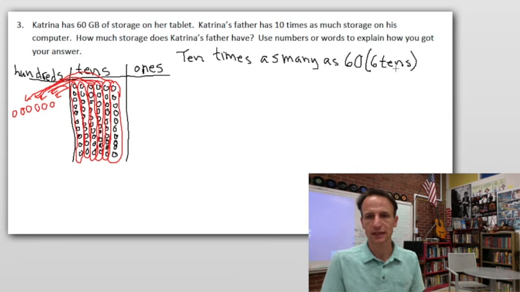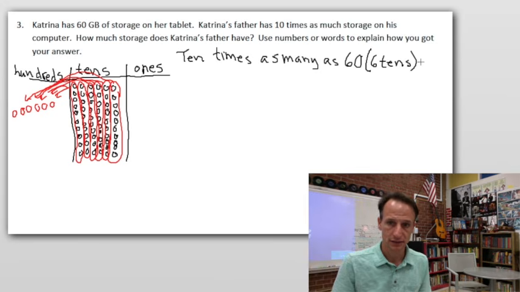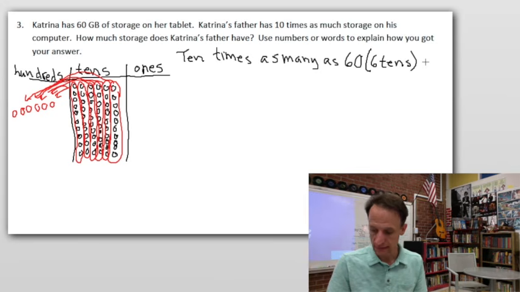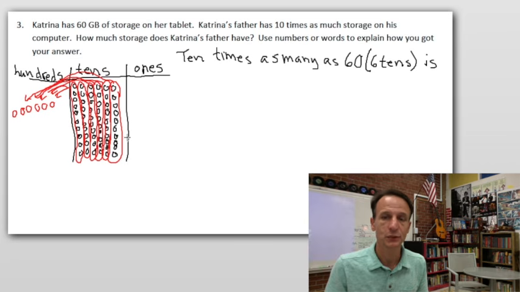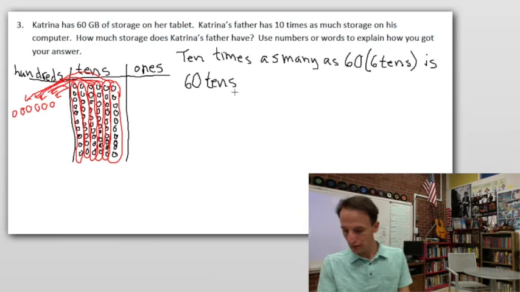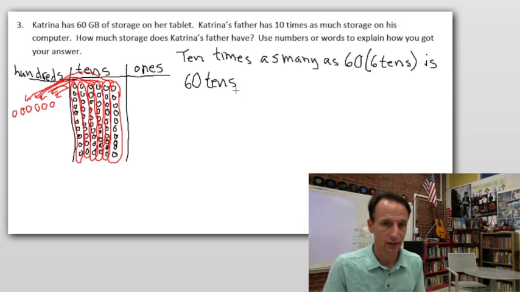And what is 10 times as many as 60? What did we get there? Okay. Look right here. What was 10 times as many? It was 60 tens, wasn't it? And 60 tens, what was that equal to? All of our arrows point to yes. So 60 tens, or we could also call it 6 hundreds.